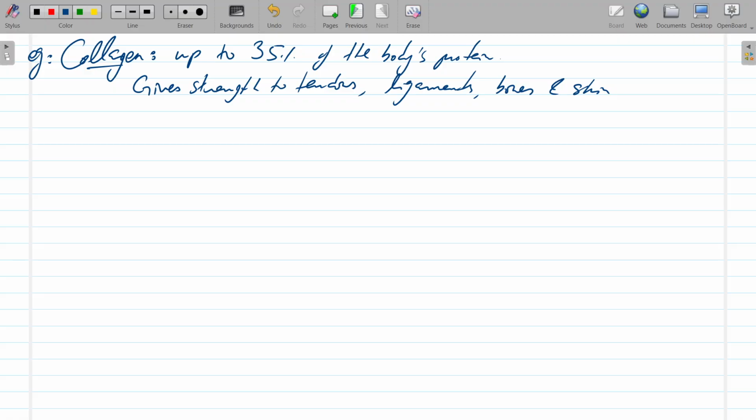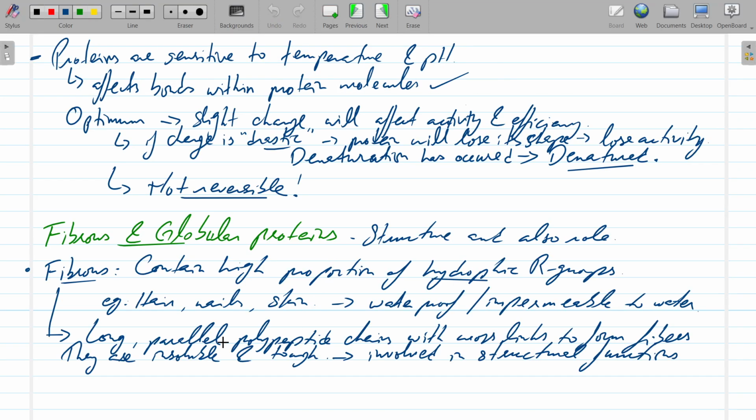Now they talk about the structure. It has a high tensile strength. Fibrous proteins generally don't go beyond a secondary structure.